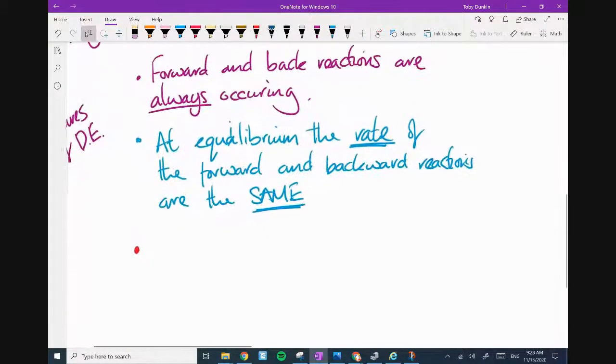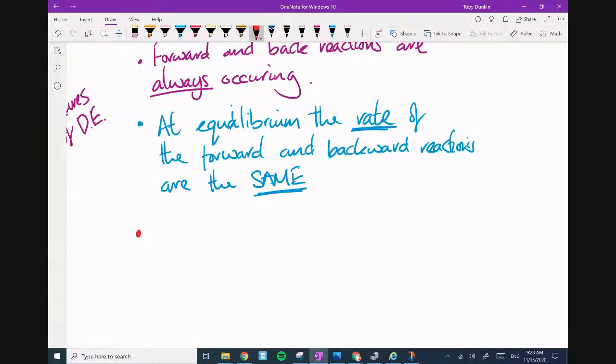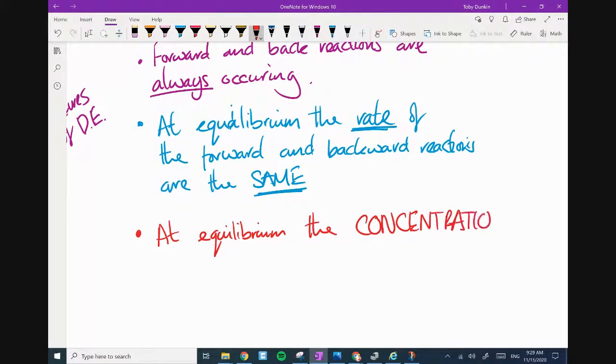Once this happens, notice my changing colors. This has been awesome. I love this. At equilibrium, the concentrations, I'm going to capitalize it, the concentration of reactants and products remains constant.